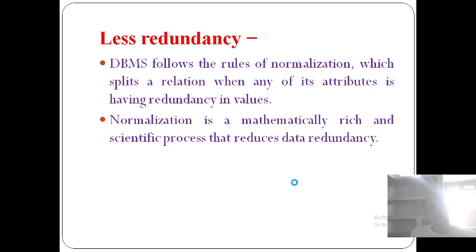So assume that there are 10,000 students in the university. Even the exam section is having 10,000 students' information in their own style. The CDC department is also having 10,000 students' information in their own method, and the account section is also having 10,000 students' information.